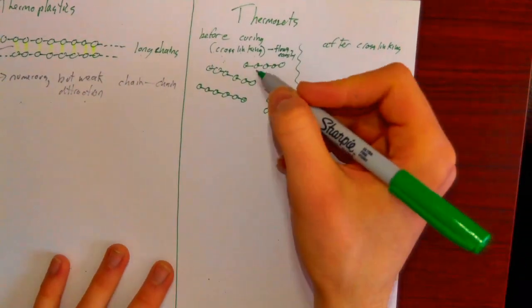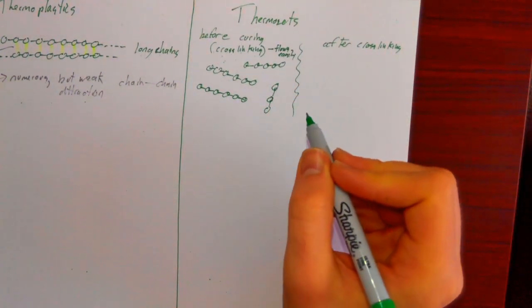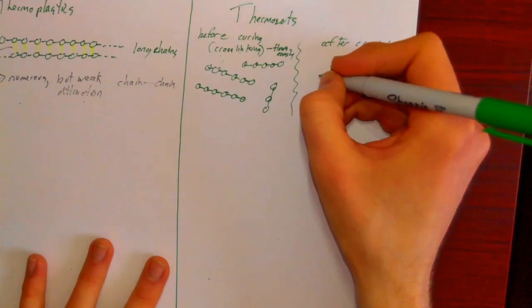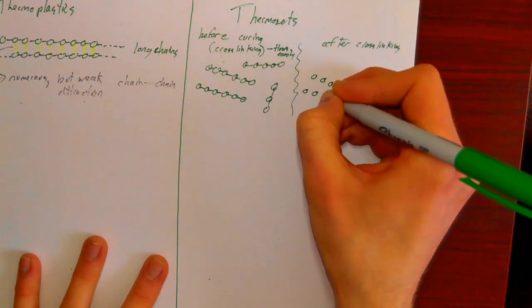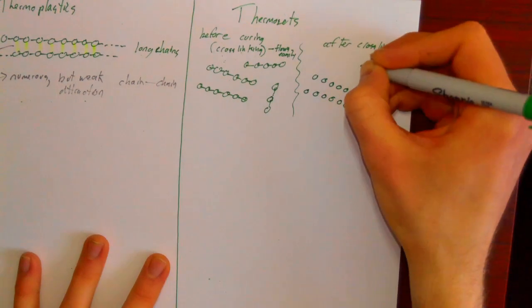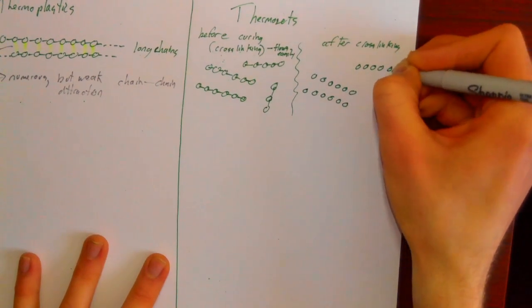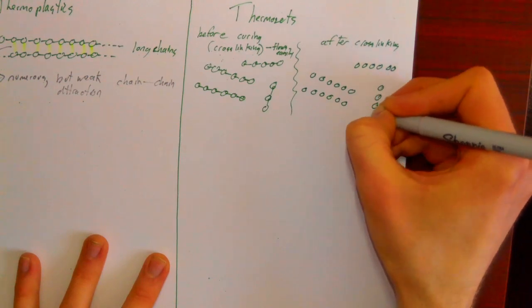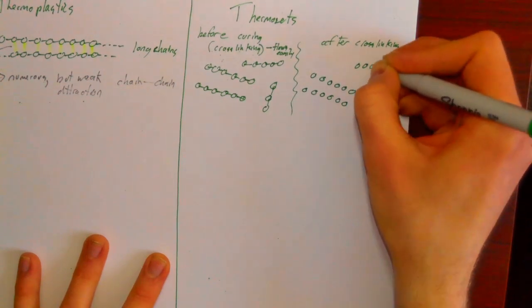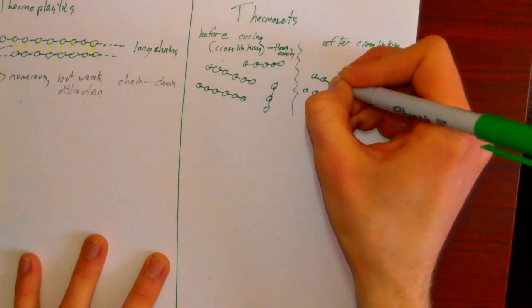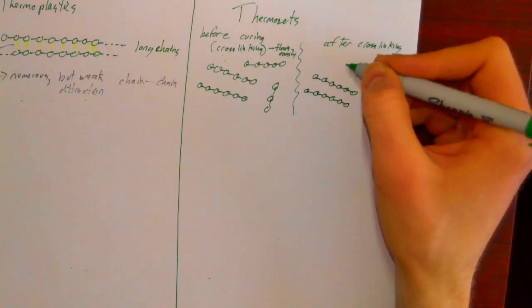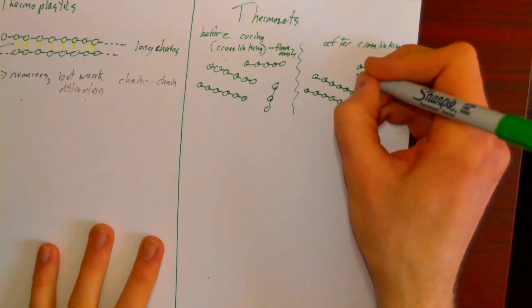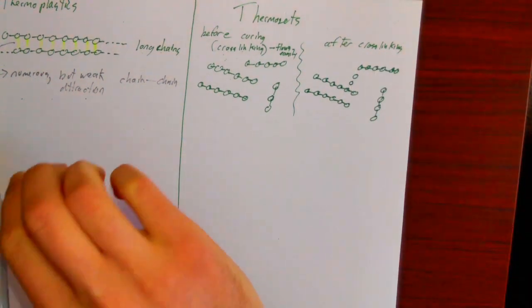And after cross-linking, there's basically some mechanism by which you could take what used to be a bunch of separate chains, and you build covalent crosslinks between one another. So you might, or I'll do the crosslinks in a different color.